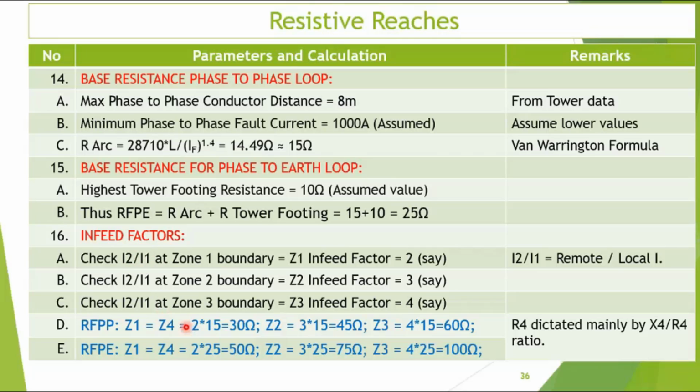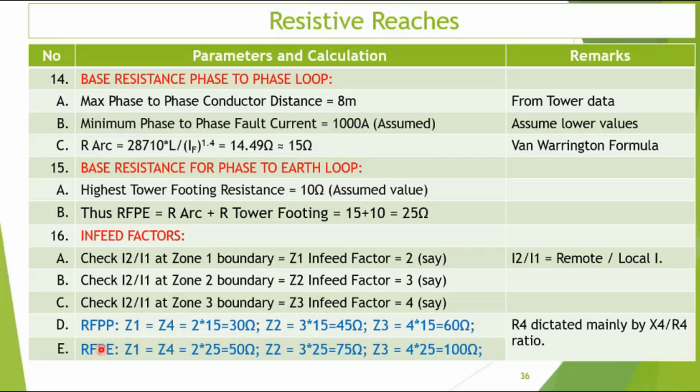So I need to expand my resistive reach. If I keep only 15, my relay will not operate if the remote bus contributes an equal amount of current and the real fault resistance is 50. I have to create 30 for it. In my relay, I have to give 30 ohm coverage. Then only I'll be able to cover a resistive fault of 15 ohms phase to phase. That is why this is coming. I hope I am clear.